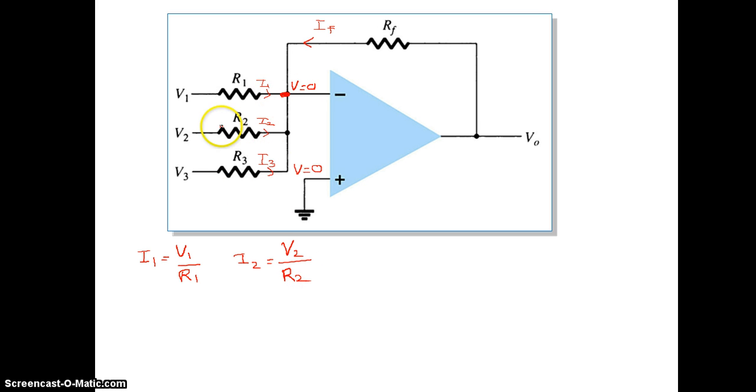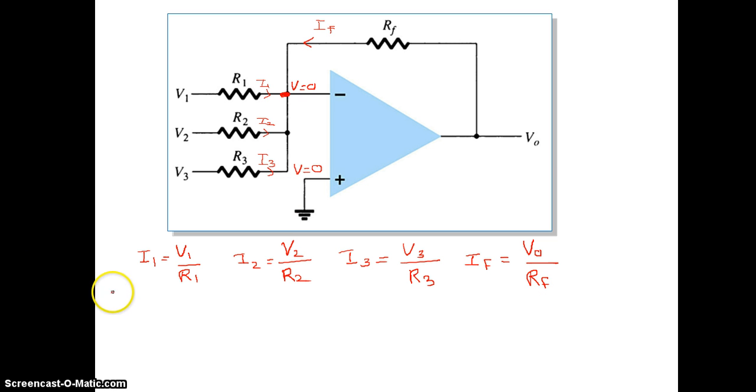And the current I3, this branch current, is equal to V3 divided by R3. And see what IF is. IF is the branch current through the RF branch, so that is equal to V out divided by RF.